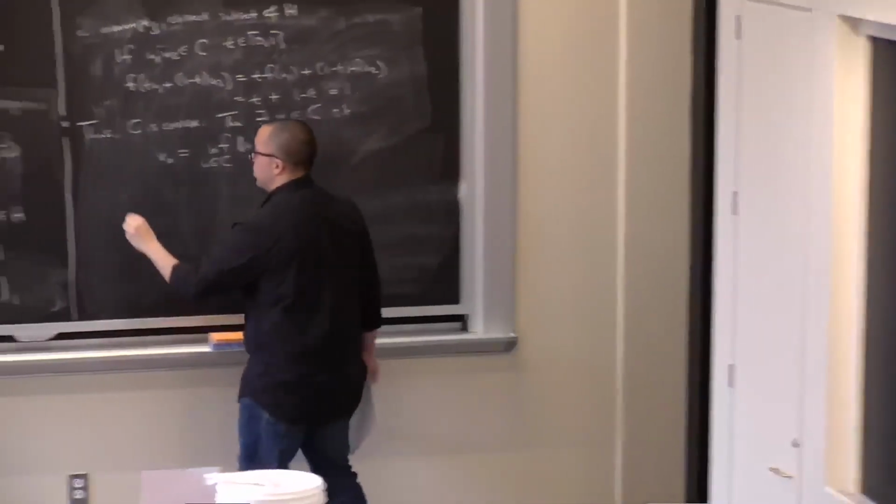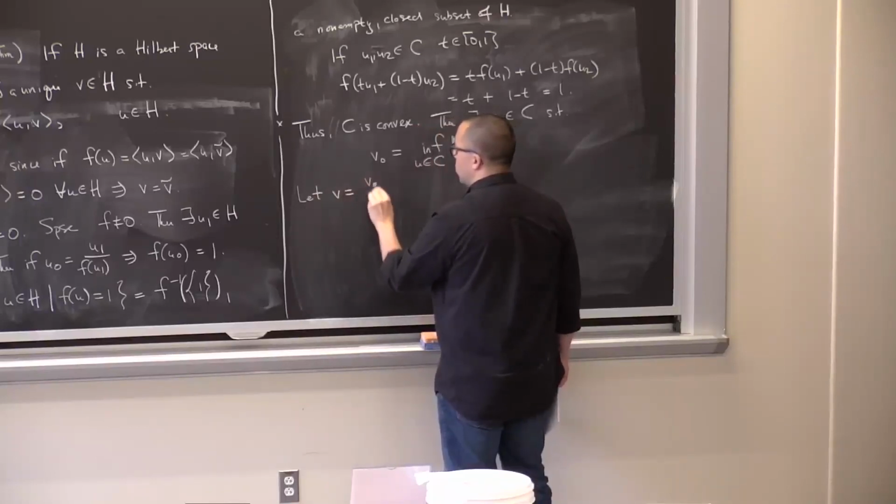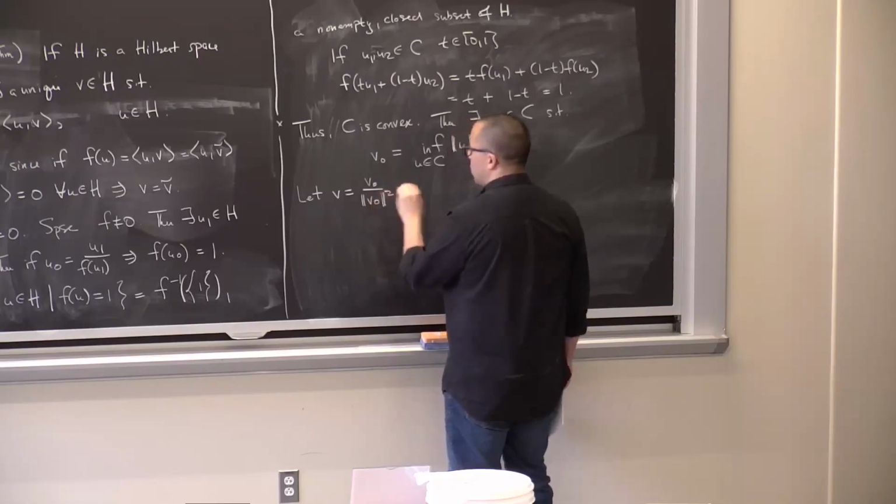So let v equal v naught over the norm squared of v naught.